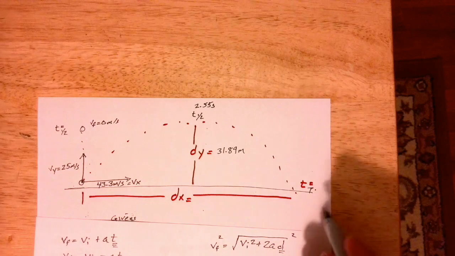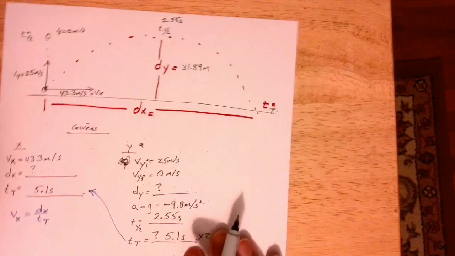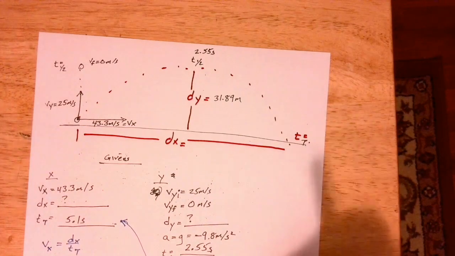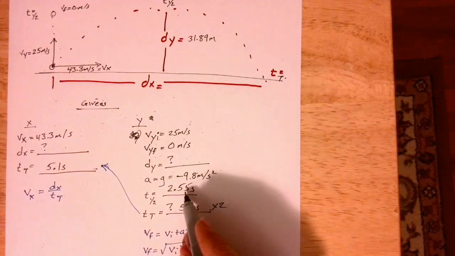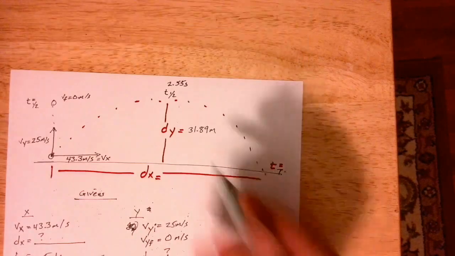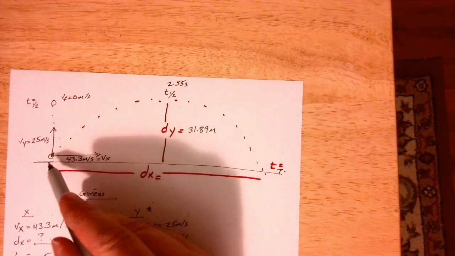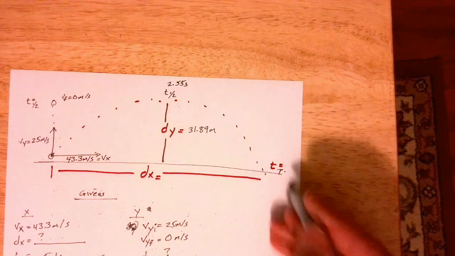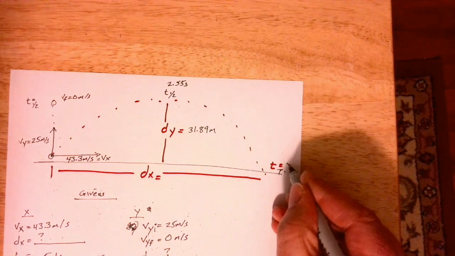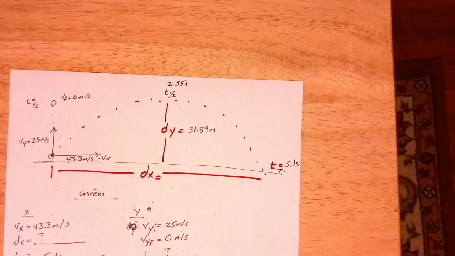Alright, and we also went ahead and solved for the previous part where it's going to take 2.55 seconds to reach the highest point and 5.1 seconds for it to reach the ground here. So time 0 at 2.55 seconds is at the highest point. Over here, it's going to be a time of 5.1 seconds.